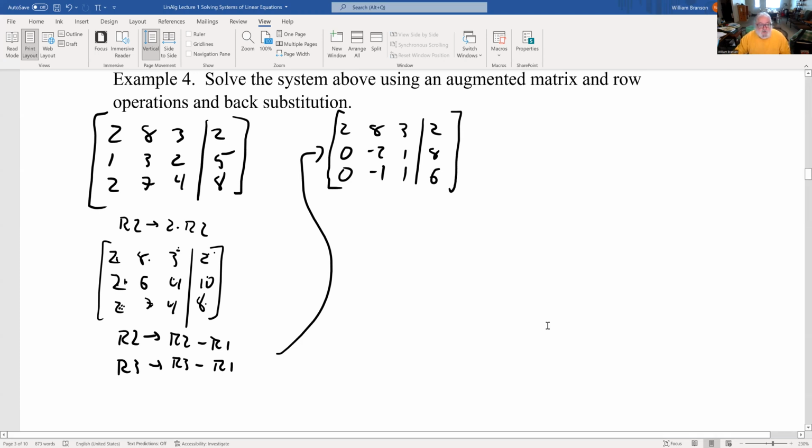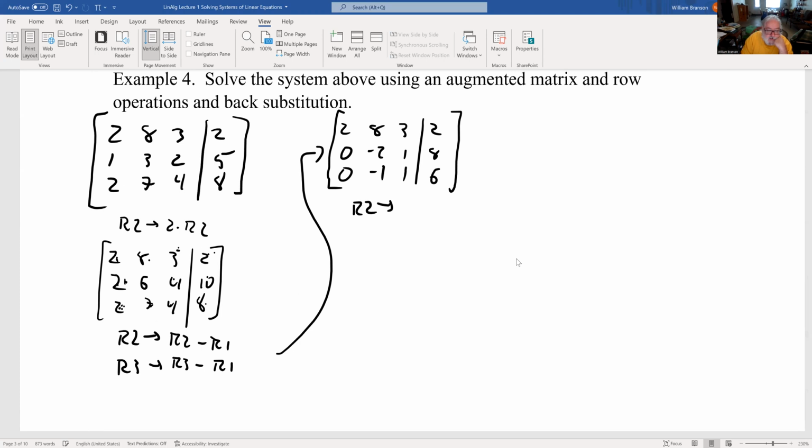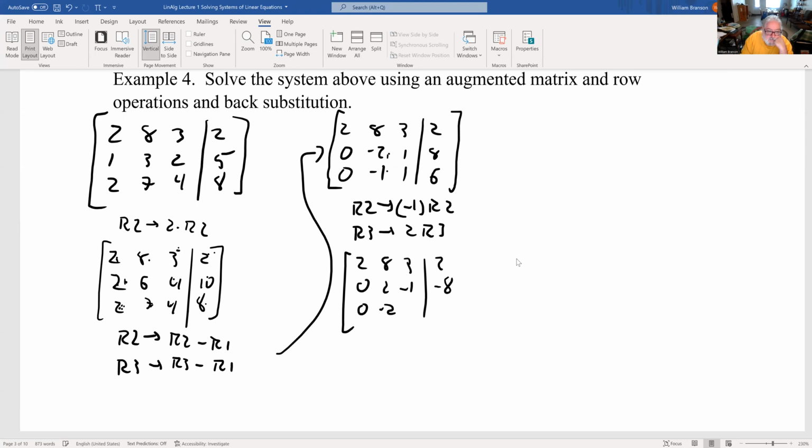Great, so what do we want to do there? Well, we want to get rid of this minus 1 in the middle of the third row. So we will multiply R2 by minus 1 to clear out its minus sign, and then we'll make R3 go to 2R3, so that I've got 2s here. So leaving the first equation alone, and multiply the last equation by 2.